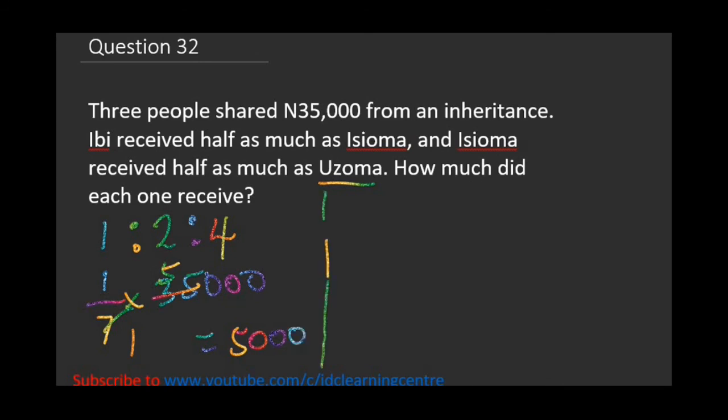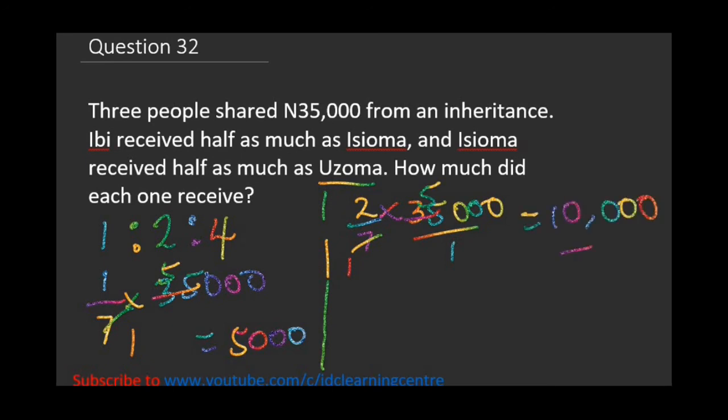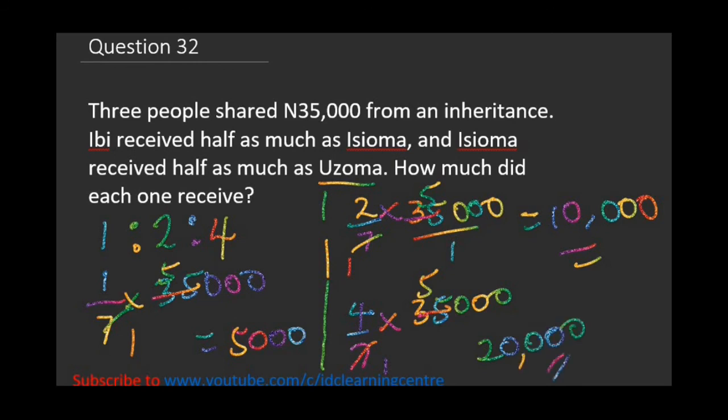Now the second person will receive 2 out of 7 times 35,000. 7 here 1, 7 here 5. That's 10,000. The third person will receive 4 out of 7 times 35,000. 7 here 1, 7 here 5. 4 times 5, 20. 0, 0, 0, that's 20,000.